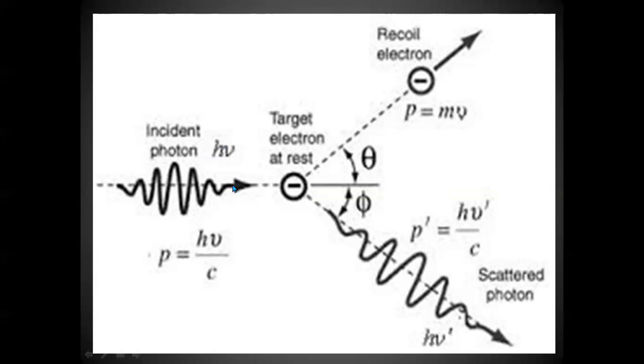Therefore, nu will be greater than nu dash. Nu dash is the frequency of the scattered photon, and nu is the frequency of the incident photon. Hence, we can say the energy of the incident photon is greater than the energy of the scattered photon, or h nu is greater than h nu dash, or nu is greater than nu dash.